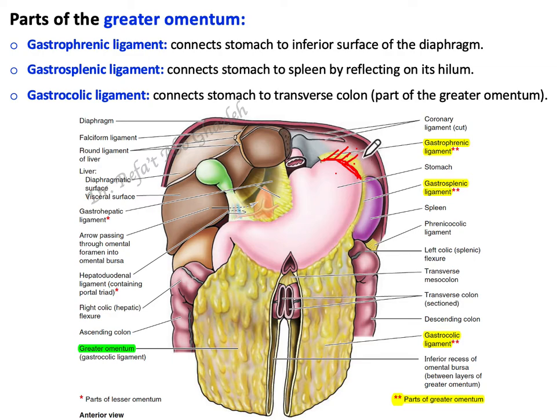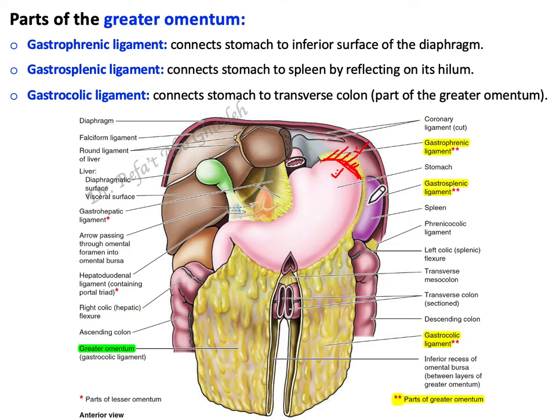When you say phrenic, it means the diaphragm. Gastro is from stomach, phrenic is related to the diaphragm. So this part of the greater omentum is called the gastrophrenic ligament.